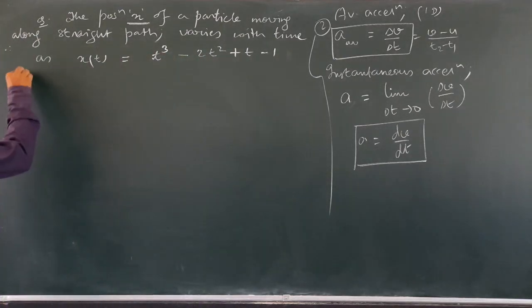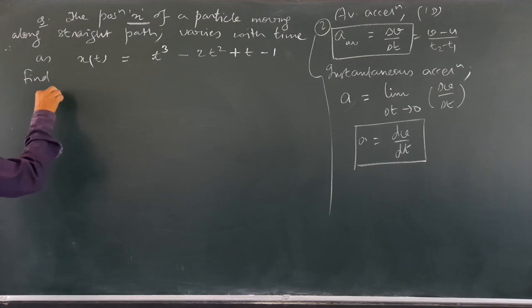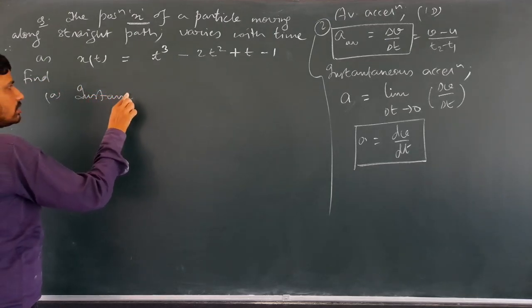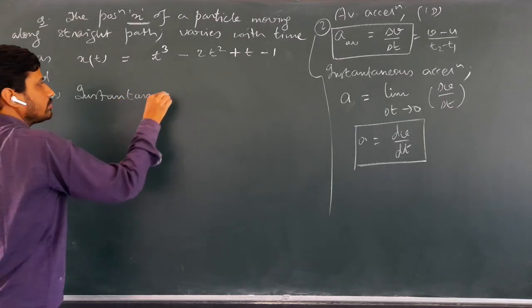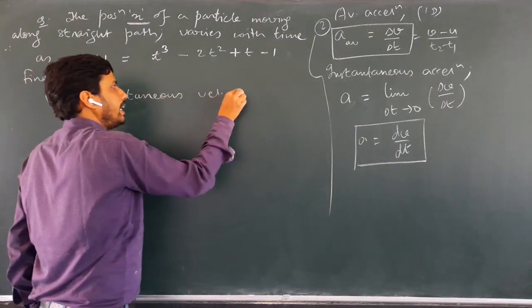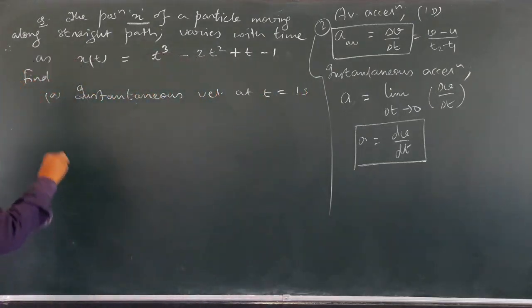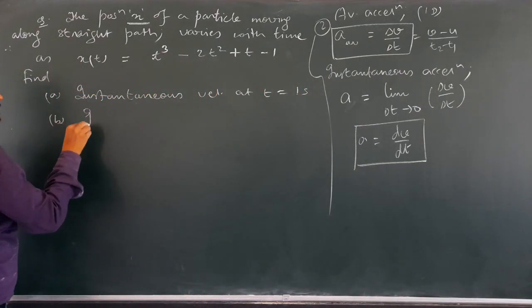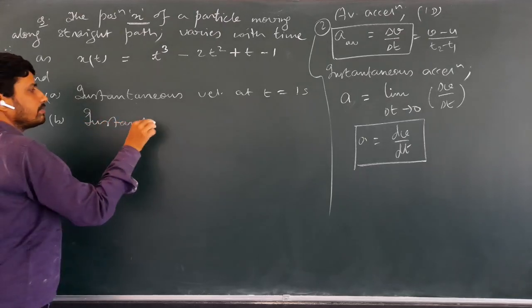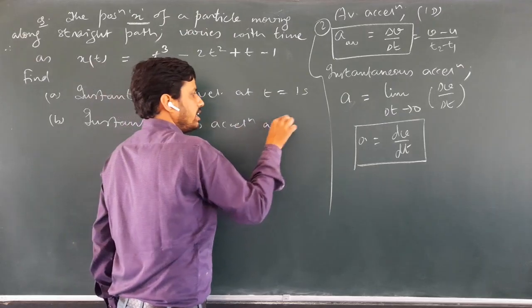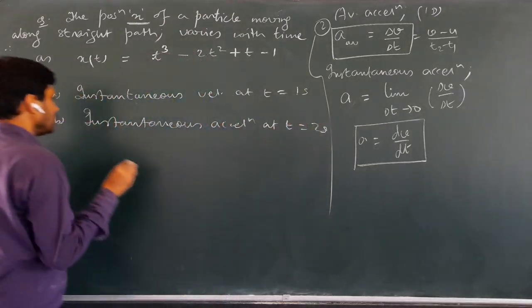Find: number A, instantaneous velocity at t is equal to 1 second. Instantaneous acceleration at t is equal to 2 seconds.